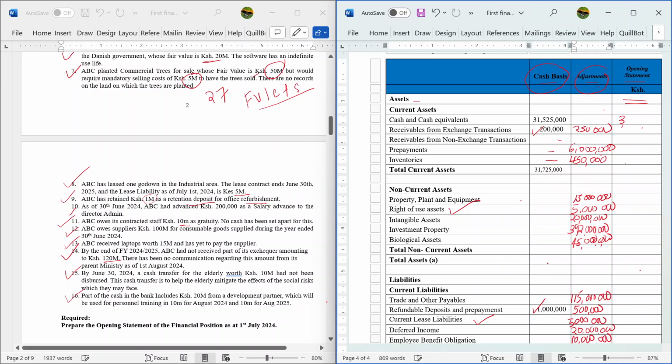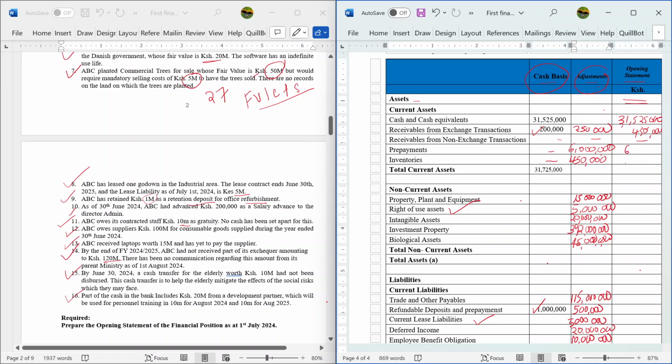It is 31,525,000. How much is receivable from exchange? It is 200,000 plus 250,000. That is 450,000. This one is dash, no figures.